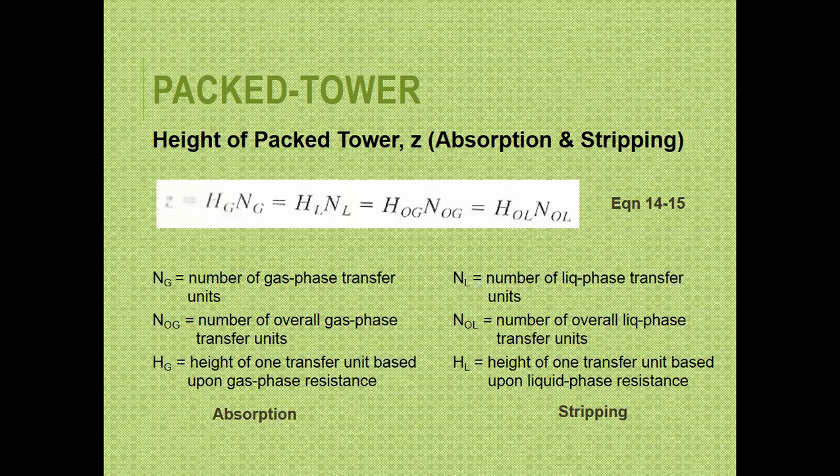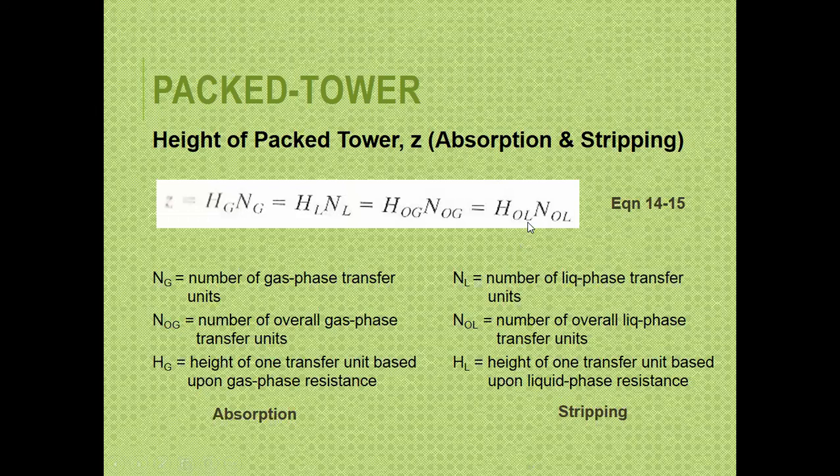Now, we use the subscript G and OG if the problem is gas absorption. If the problem is stripping, we use the L. Okay, because in absorption your feed is gas and your solvent is liquid, while in stripping your feed is liquid and your solvent is gas, so that is why you have L here.